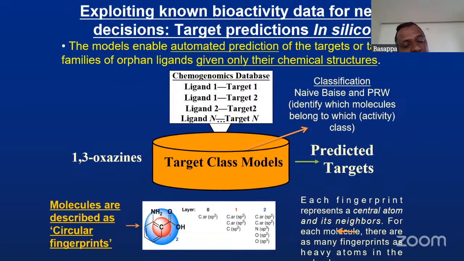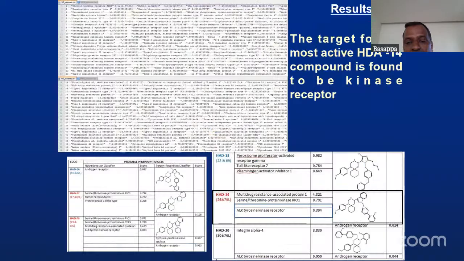So these 1,3 oxygens, when I subjected them to the known chemogenic database that Andreas Bender's group developed, in this case 1,3 oxygens could target the JAK-STAT pathway. So this is the work which I obtained when I was there.